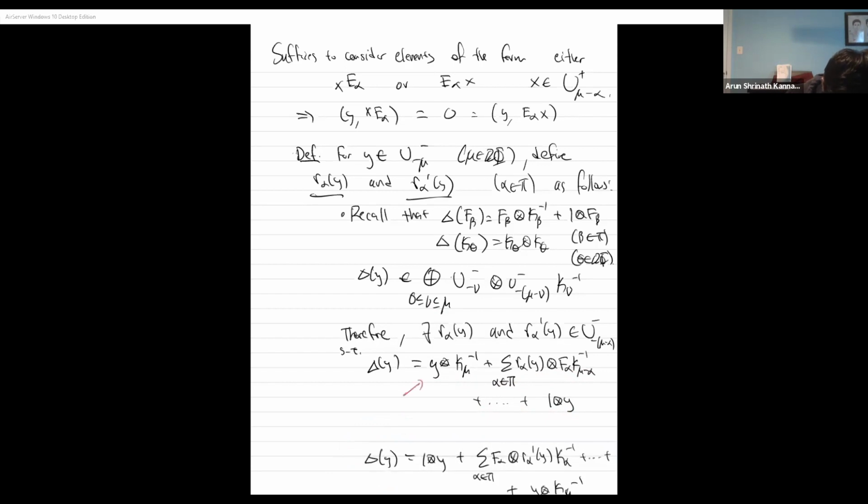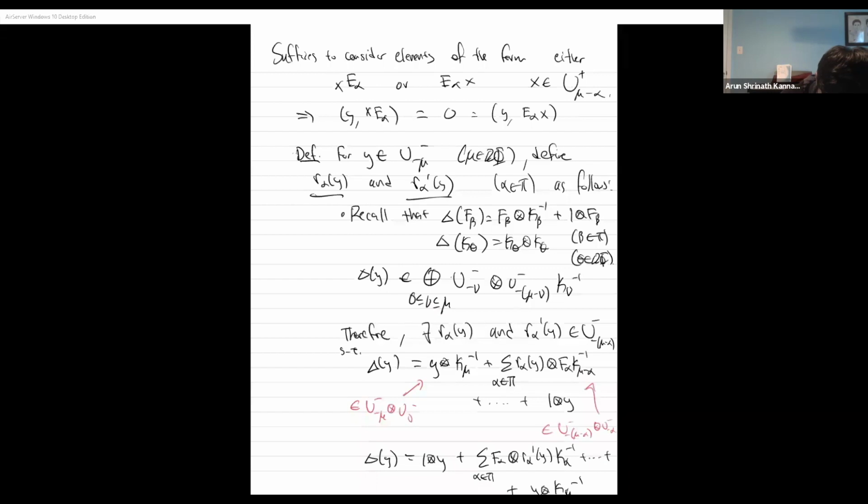This term here is an element of u minus mu tensor u0 minus, and this element here is an element of u minus mu minus alpha, so it's one higher, tensor u minus alpha minus.